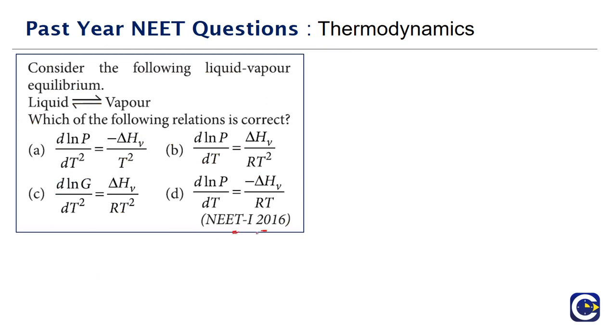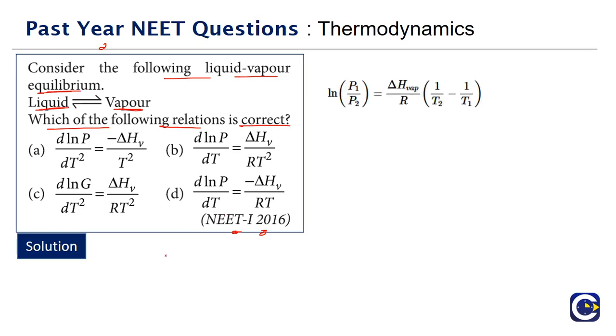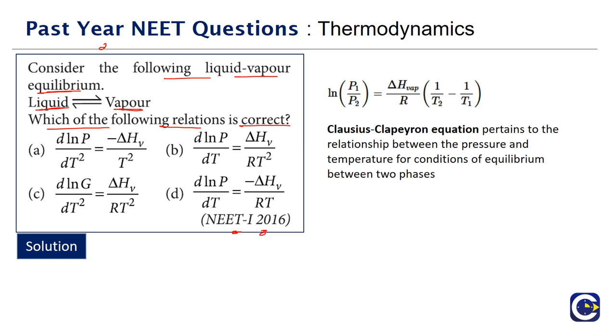Next we have a straight equation based question. This has come in the NEET paper 1 of 2016. Consider the following liquid vapor equilibrium, so liquid converting itself into vapor. Which of the following relations is correct? This is actually the differential form of the Clausius-Clapeyron equation.